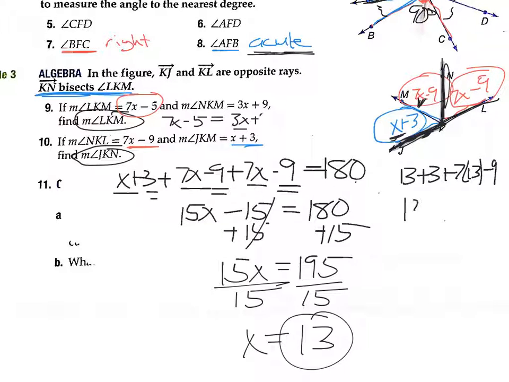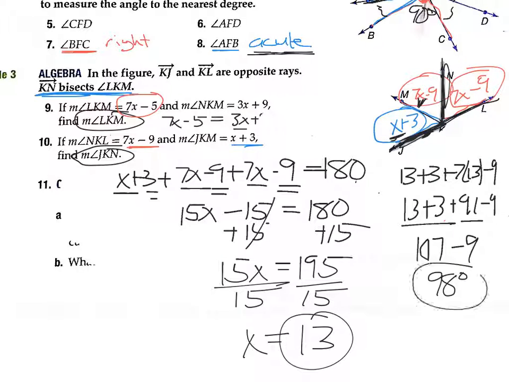So I work this out, 13 plus 3 plus 91 minus 9, so 16 and 91 would be 107. Sorry, not 117, 107. Minus 9, and that would be 98 degrees.